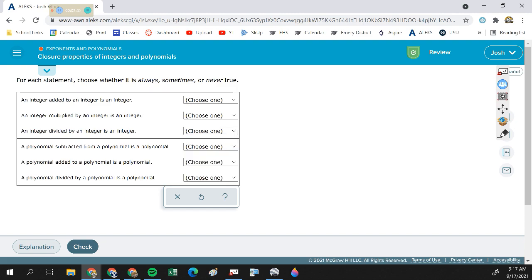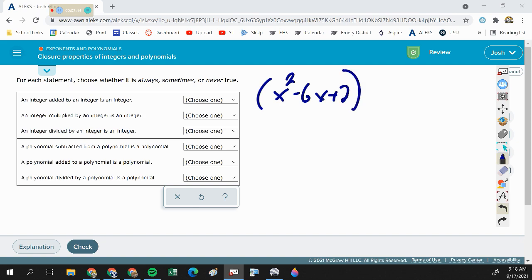Okay. If you take a polynomial and you subtract a polynomial, do you get a polynomial? So if I take one, is the answer still a polynomial? Yes, it is.